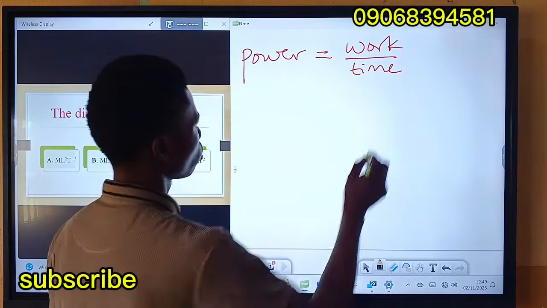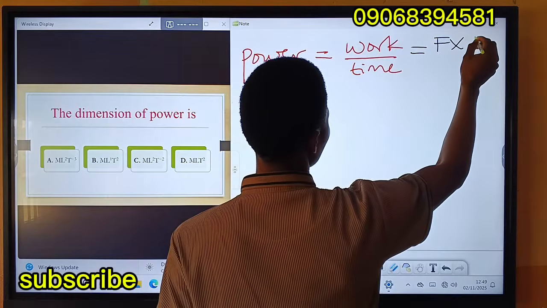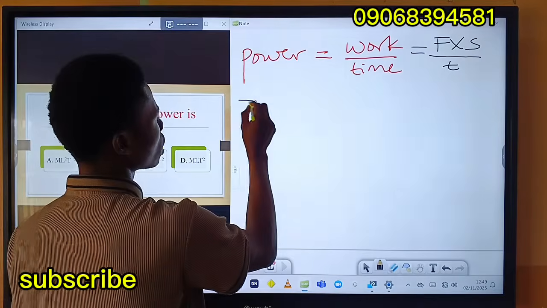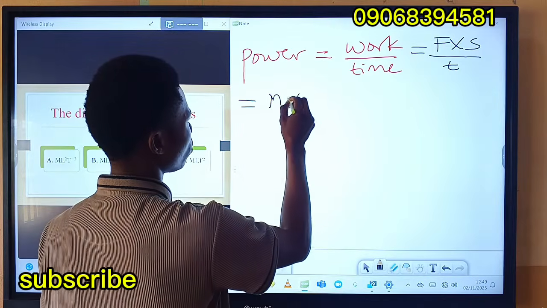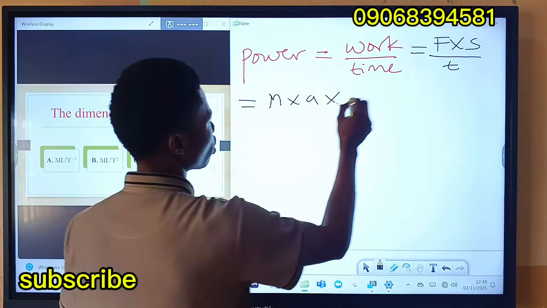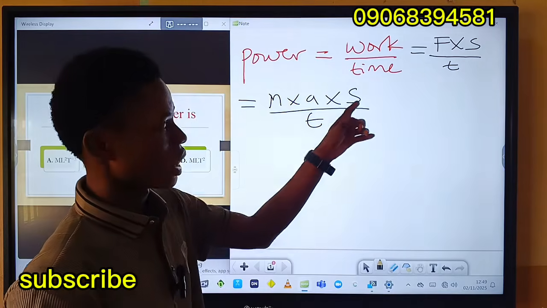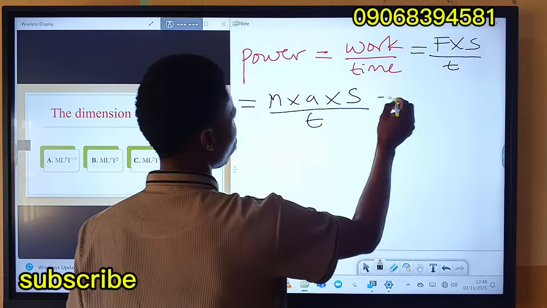If the formula for power is work done over time taken, then we can continue to say that work is force times distance, all over time. Moving on, we know force as mass times acceleration, then times our distance here, all over time. Remember, I'm using S to represent distance. We use S to represent distance in physics.